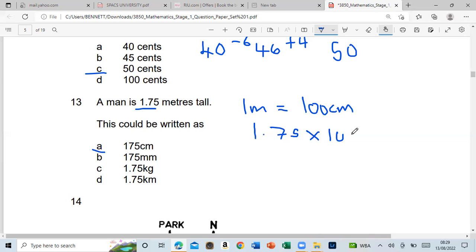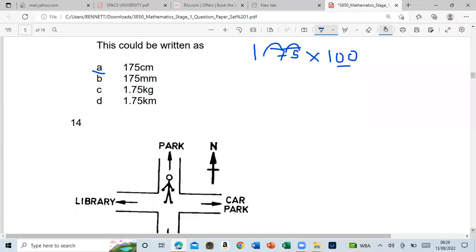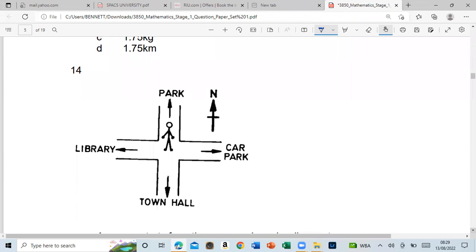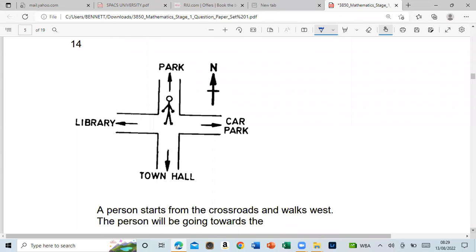When you're multiplying by 100, you can move the decimal point 2 places because it's 2 zeros. So that was correct, 175. Why couldn't it be 175 millimeter? Because it takes 1000 millimeter to make 1 meter. We're going to do that in conversion still.